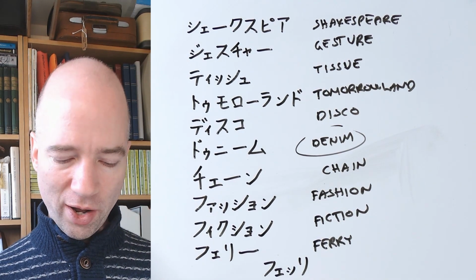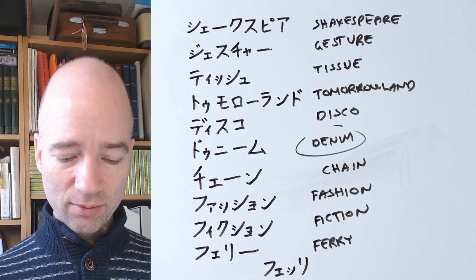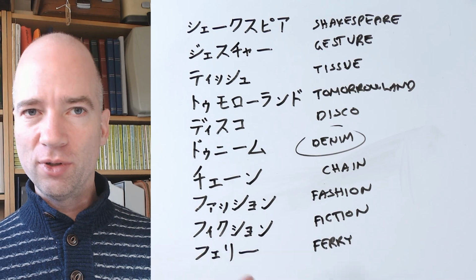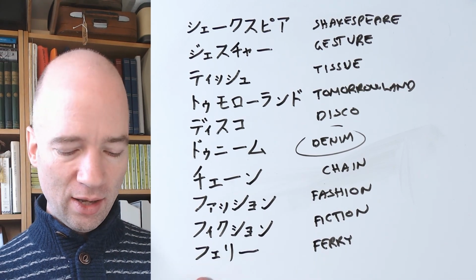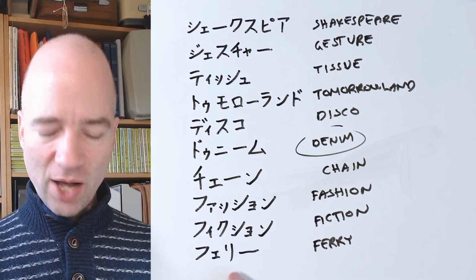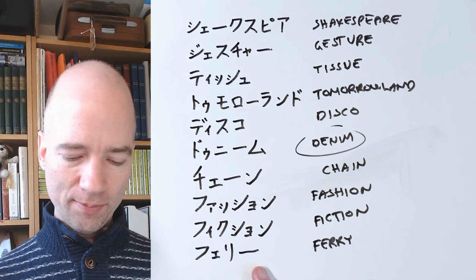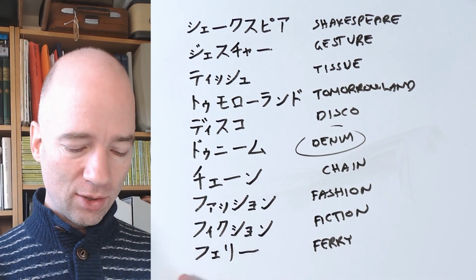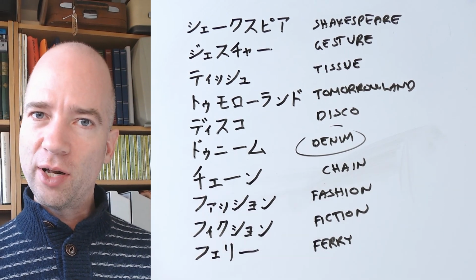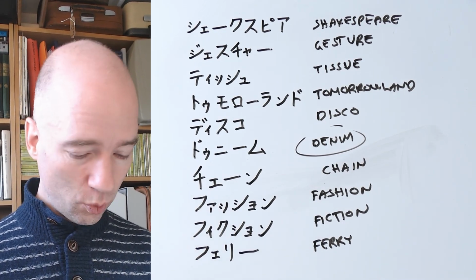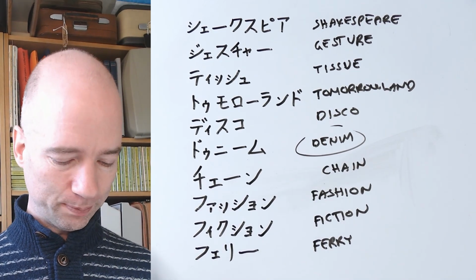So generally speaking, ferry wouldn't really work in Japanese. Because of that, there's a tendency for the vowel to get lengthened instead, even though it's the R sound that should have been lengthened. So this is an interesting one in terms of seeing how Japanese uses foreign words when they transcribe them into Japanese.